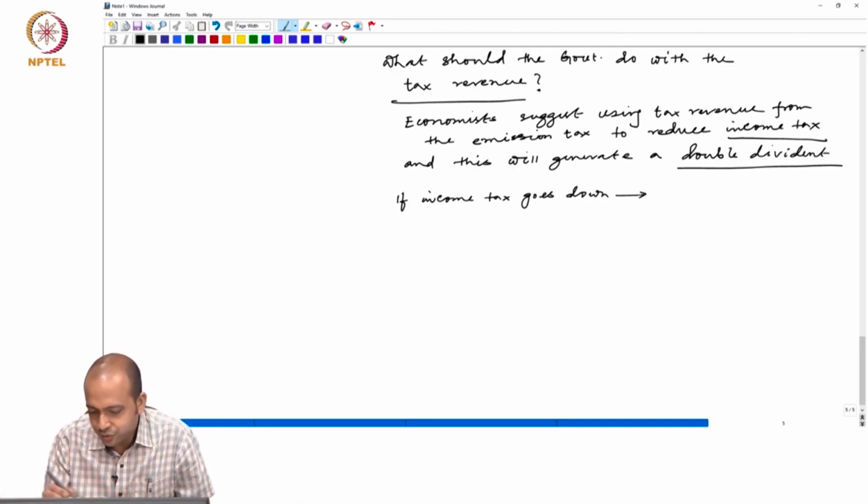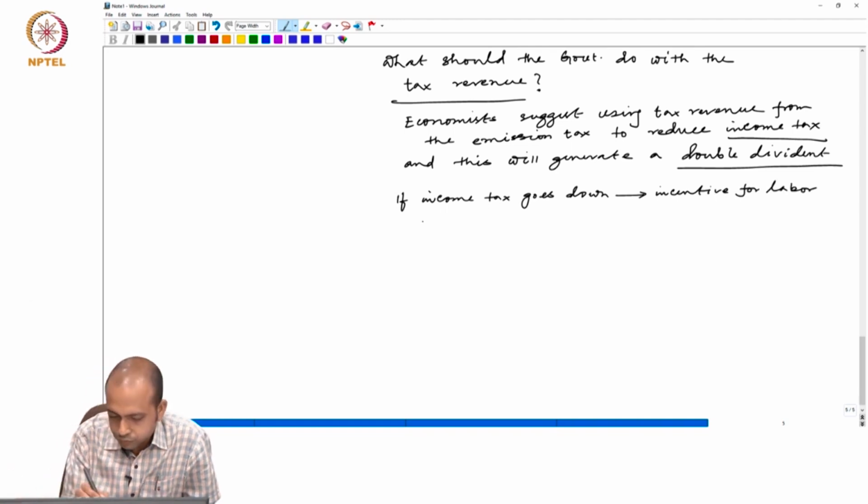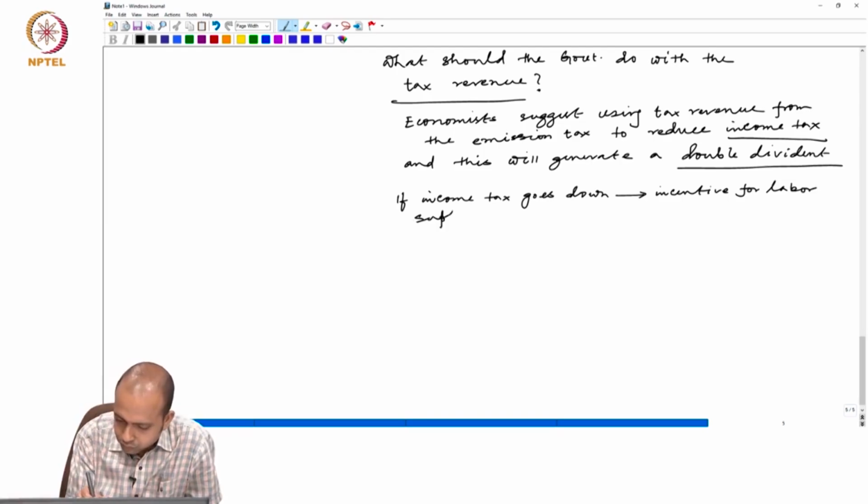Okay? So, when income tax goes down, the incentive for labor supply increases.